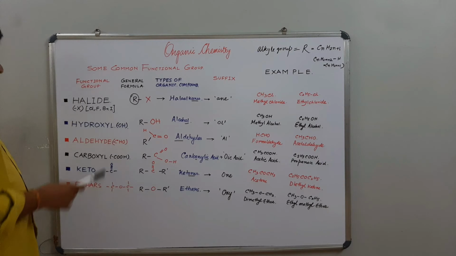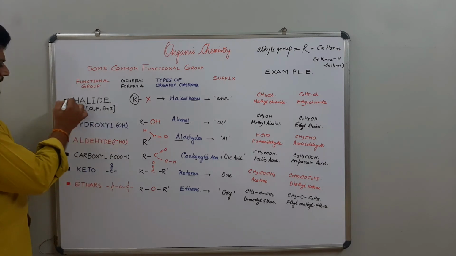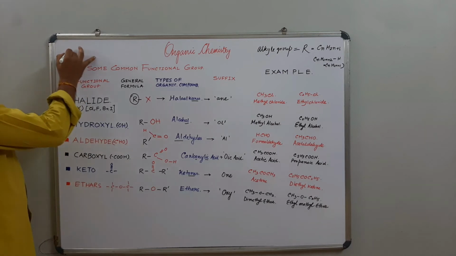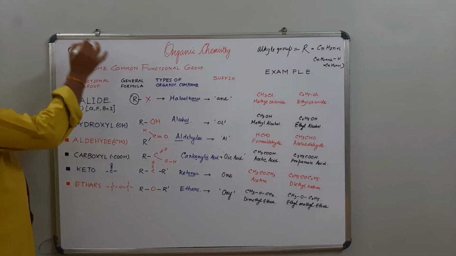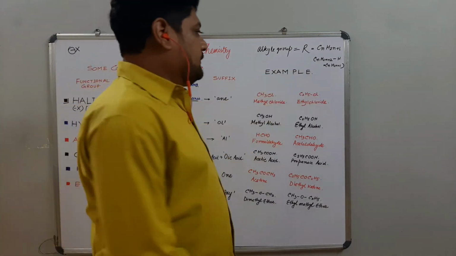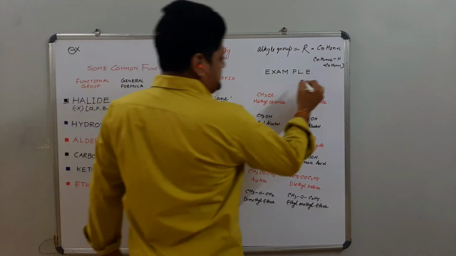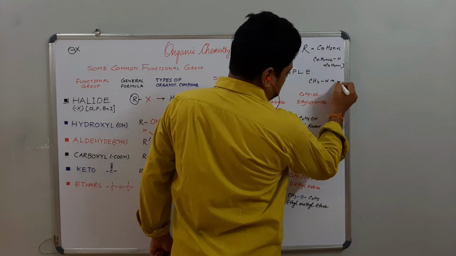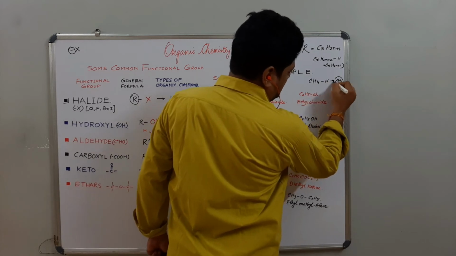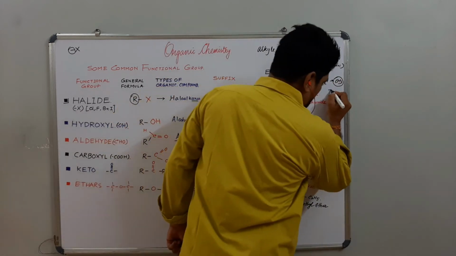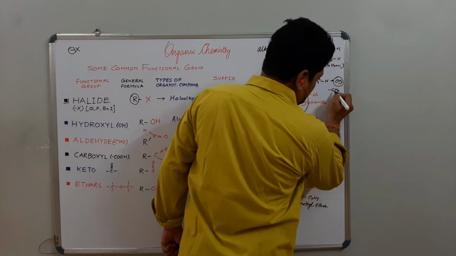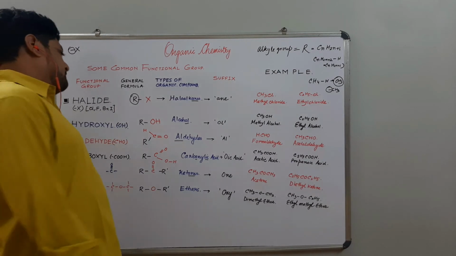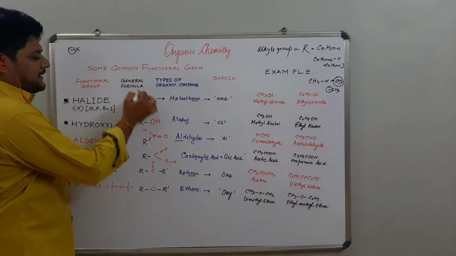First we are going to discuss the halide group. Halide means X. I have already told you that CH4 loses one hydrogen and becomes CH3, but this is not the alkyl. If we put one single covalent bond before the CH3, then it becomes an alkyl group.